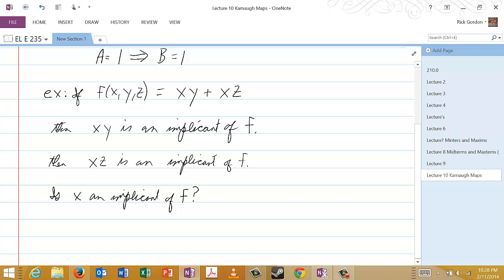If y and z are both 0, then 1 ANDed with 0 is 0 in the first term, and 1 ANDed with 0 is 0 in the second term, and 0 ORed with 0 would be 0. So it is possible that x could be equal to 1, and yet f would still be equal to 0. Therefore, since x equals 1 does not necessarily imply that f is equal to 1, x is not an implicant of f. Now let's look at another example.